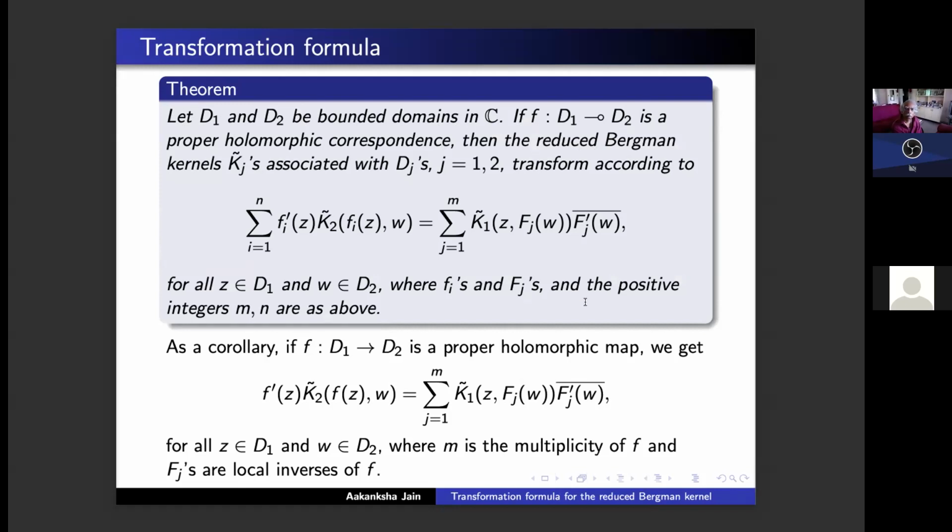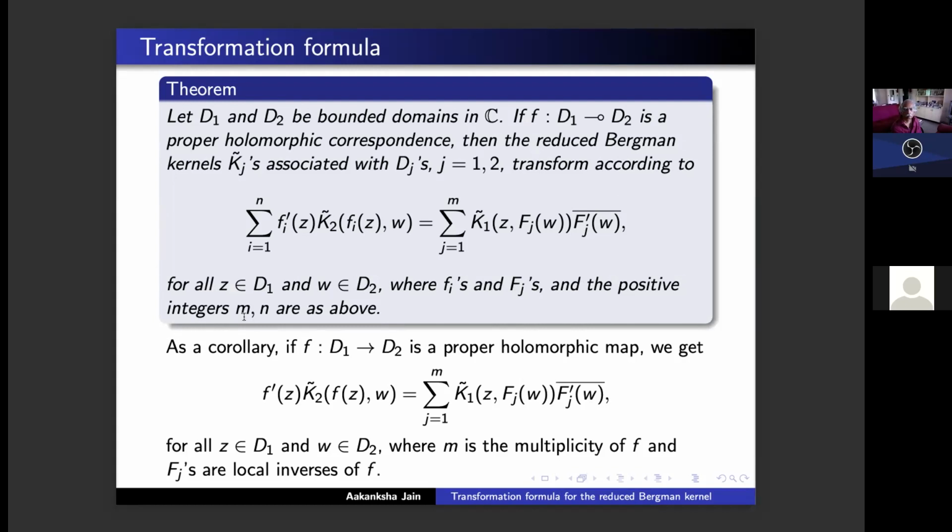Then the reduced Bergman kernels K_j tilde associated with the domains D_j transform according to the rule: the summation over i equals 1 to n of f_i prime of z times K2 tilde of f_i of z comma w equals the summation over j equals 1 to m of K1 tilde of z comma F_j of w times the conjugate of F_j prime of w. This holds for all z in D1 and w in D2, where small f_i and capital F_j are as above, and the positive integers m and n are as given in the definition.